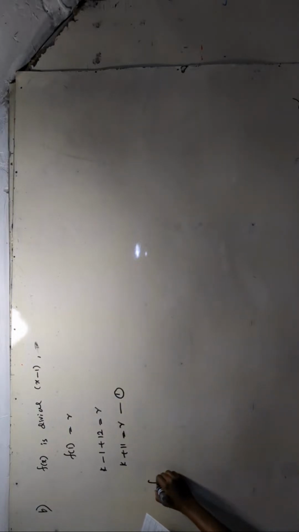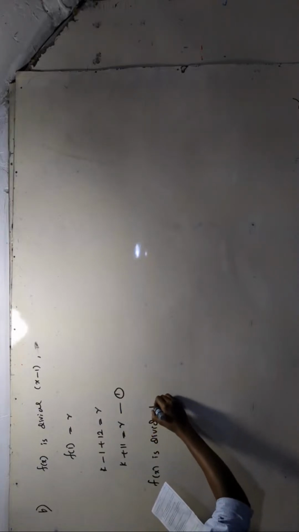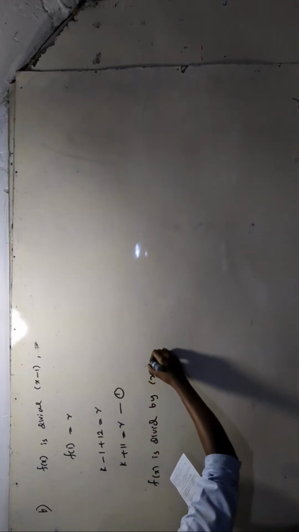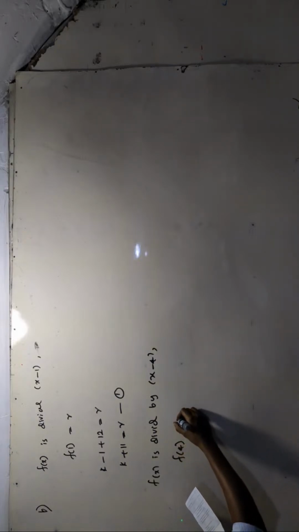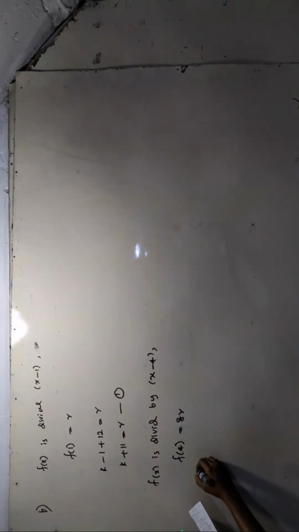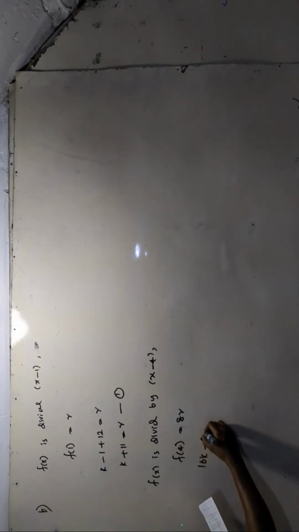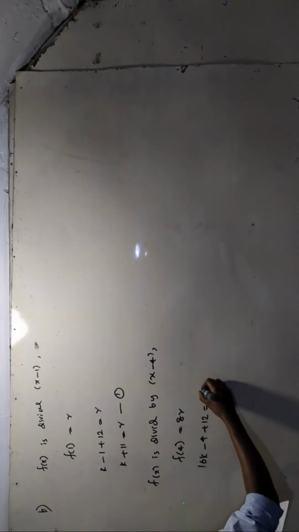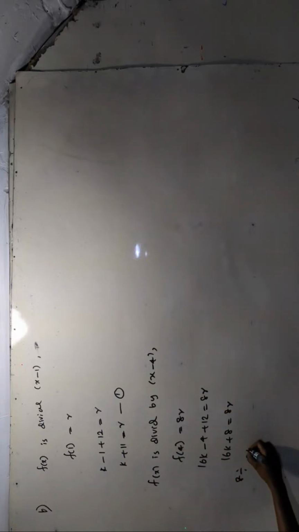Okay. Next one is when f(x) is divided by x minus 4. So the remainder is f(4). That is equal to 8r. So what is f(4)? That means 16k minus 4 plus 12, that is equal to 8r. So 16k plus 8 is equal to 8r. You can divide this by 8. So 2k plus 1 is equal to r.